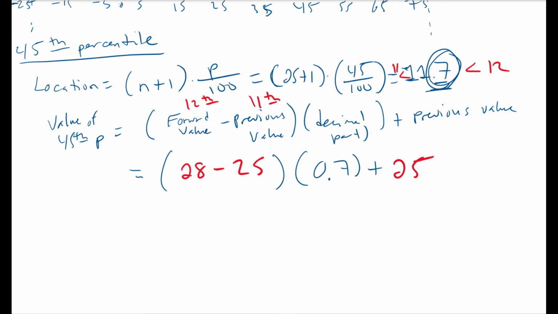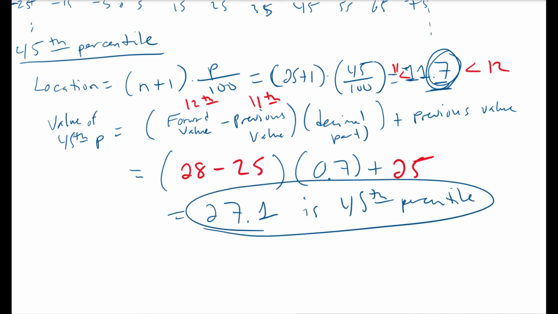If you do that, you get 27.1 for your 45th percentile. All right, so that's the 45th percentile.